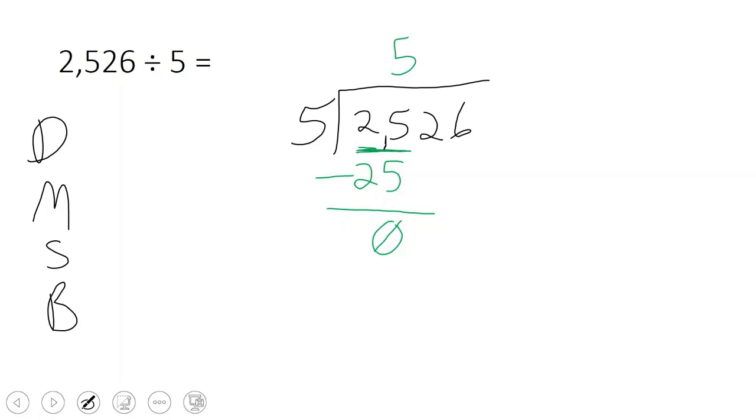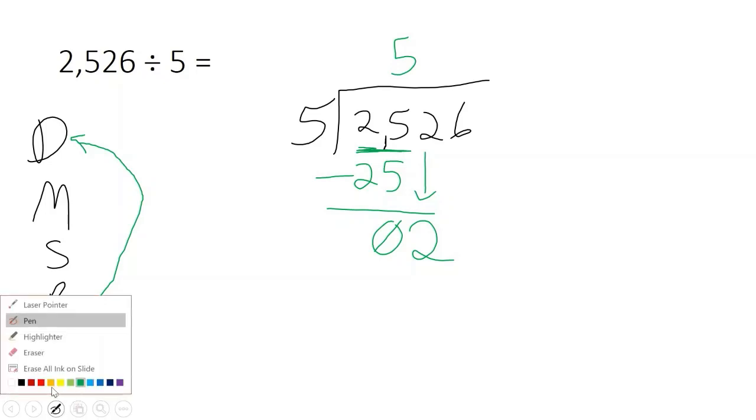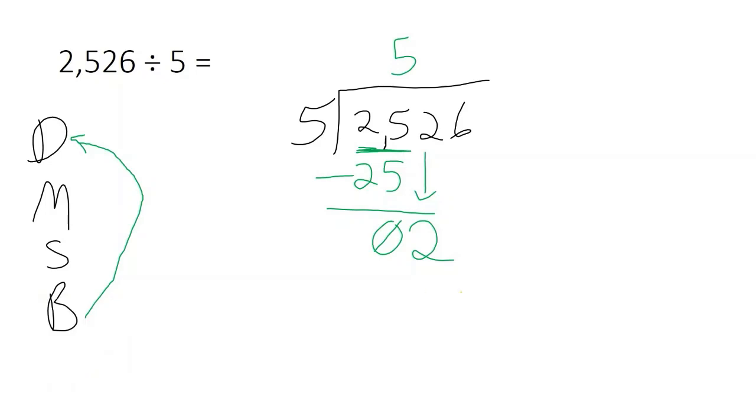Next, I would bring down. So I'm going to take just this next digit. I'm not going to look at this final digit yet. We're looking at it one at a time. So I'm going to pull down that 2 so that I have a 2 down here. Next, I would do my steps all over again. So I'm going to grab a different color to show that we're now on our second round of steps.